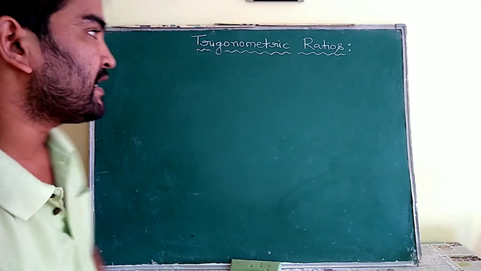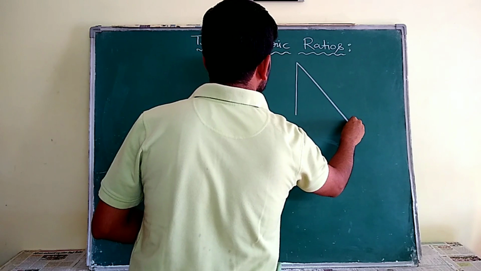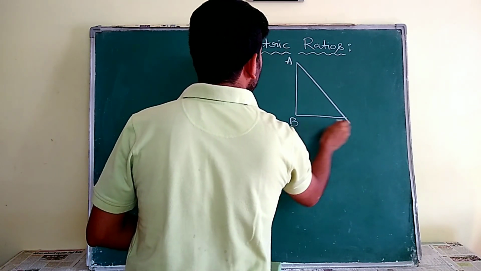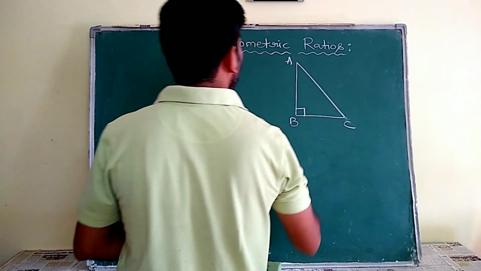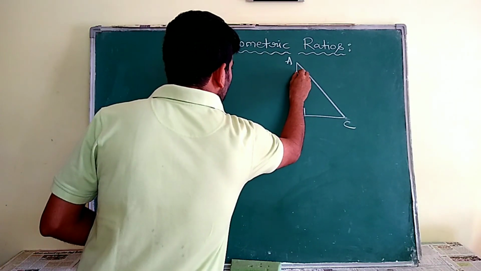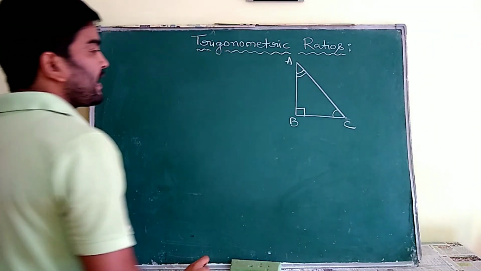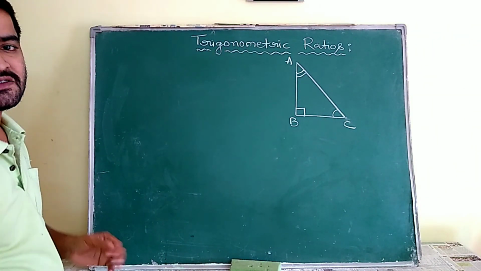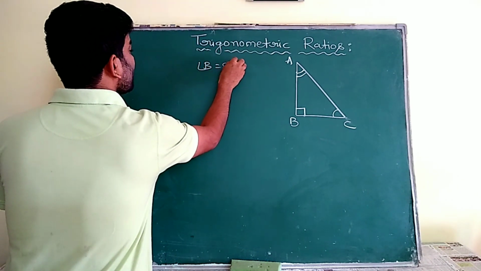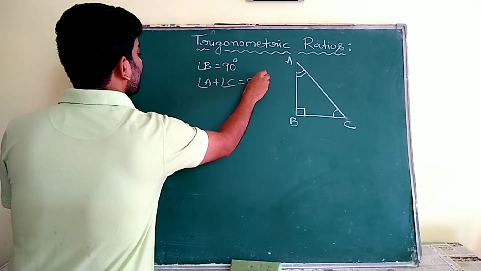Firstly, for that I am going to consider a right angle triangle ABC. We know the angle sum property: all the angles in a triangle add up to 180. As angle B is equal to 90 degrees, angle A plus angle C is equal to 90.